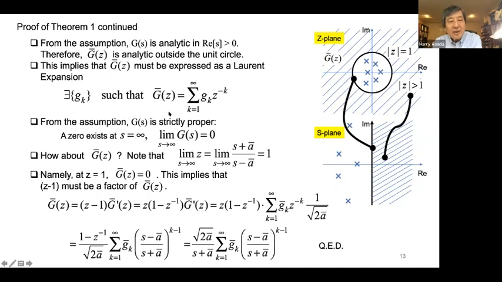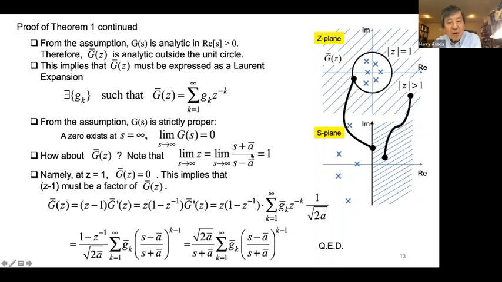Now we are dealing with G bar Z. So let's see, as S tends to infinity, where Z is going. Let's look at the limit of Z as S tends to infinity. Z is written with respect to S this way, and as S tends to infinity, this becomes just 1.